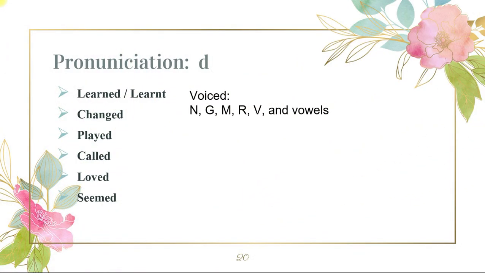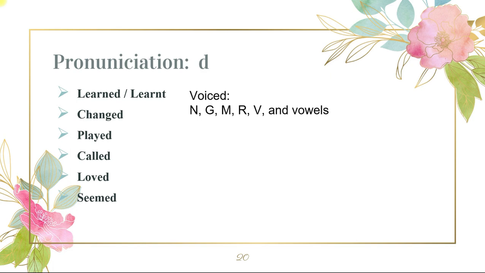But there are some other words which end with j, r, v, and the vowels. These are giving a kind of vibration, or these are voiced. If you test it by using your hand on your throat, you can simply understand the words like learn, lend, learned.